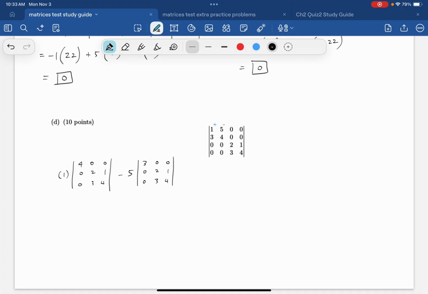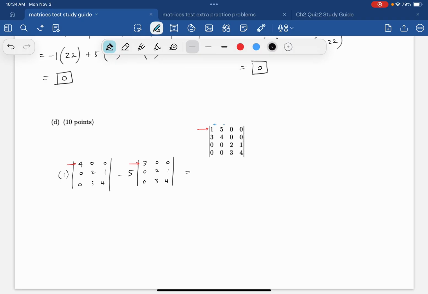And so now that is just going to be equal to, for both of these I can expand via the first row or the first column. Both of them would give the same process. But I'm choosing those rows or columns because they have the most zeros, so I have to compute the least amount of determinants.